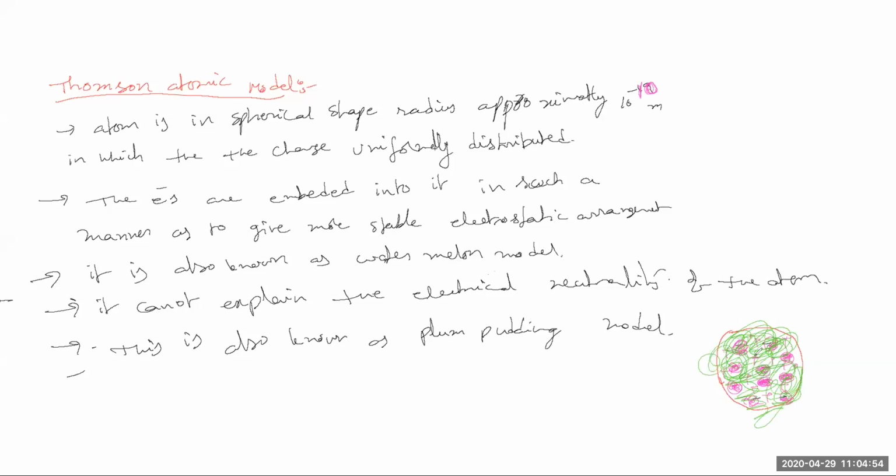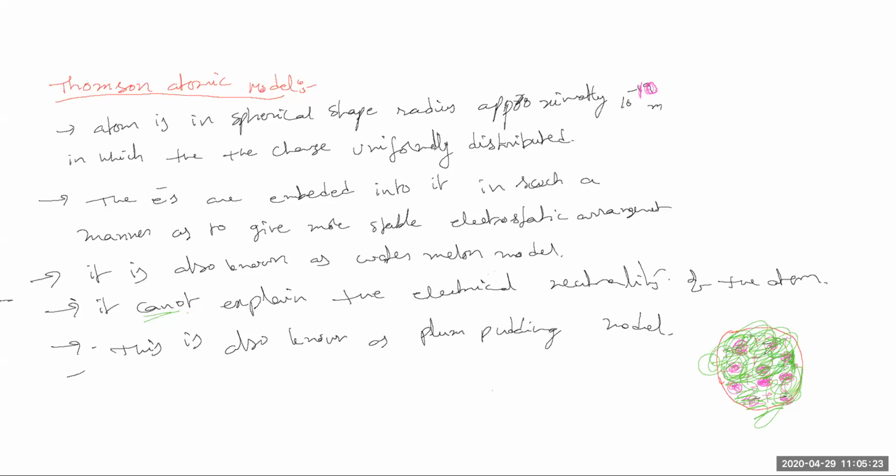The fourth point: it cannot explain the electrical neutrality of the atom. You can write properly. It cannot explain the electrical neutrality of the atom. This is also known as plum pudding model. Diagram understood or not?